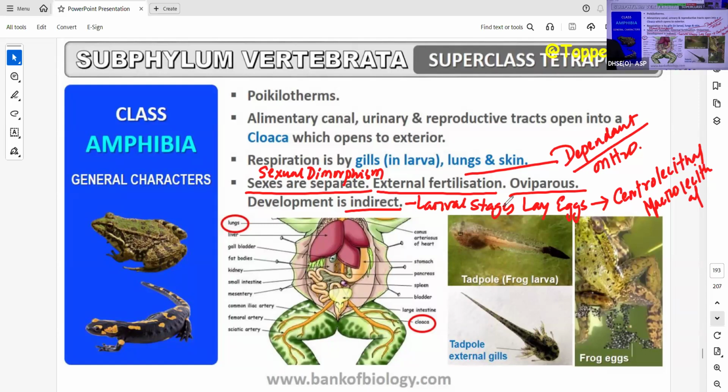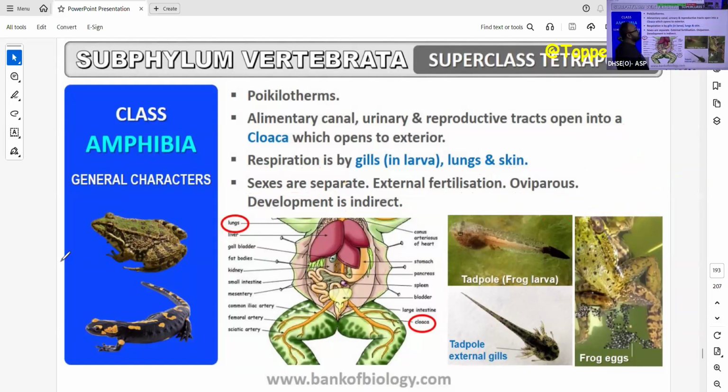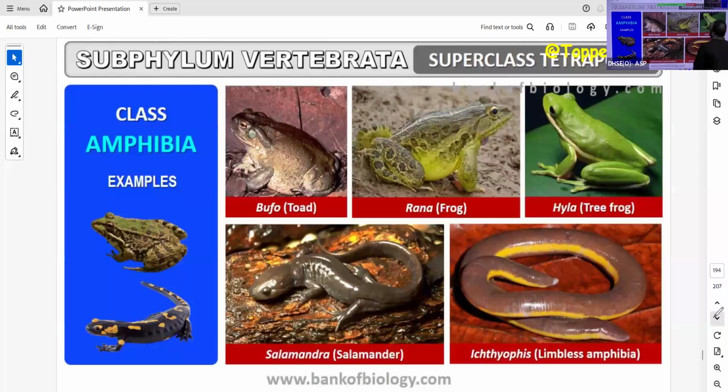But since they have larval stages, we refer to their development as indirect development. Once the fertilized eggs hatch, they grow and metamorphose, and from there the new ones develop.